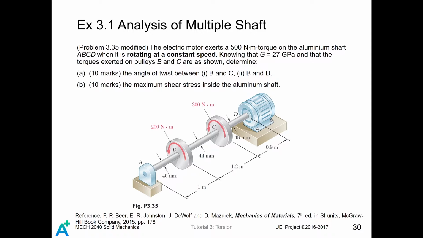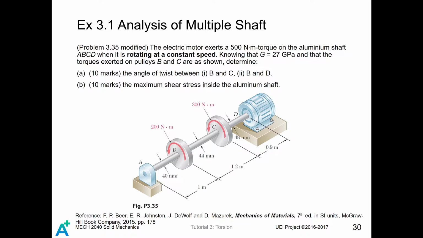After talking through tons of theory and formulas about elastic torsion, let's apply what we have learned to a practical problem. The electric motor exerts a 500 Nm torque on the aluminum shaft ABCD when it is rotating at a constant speed.